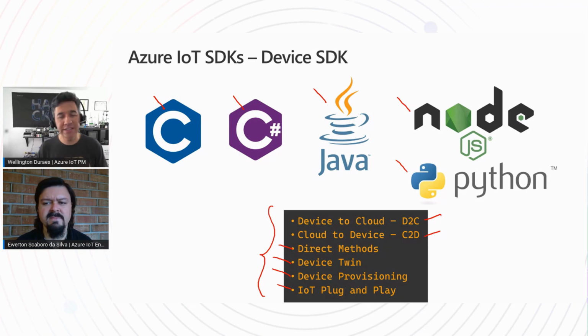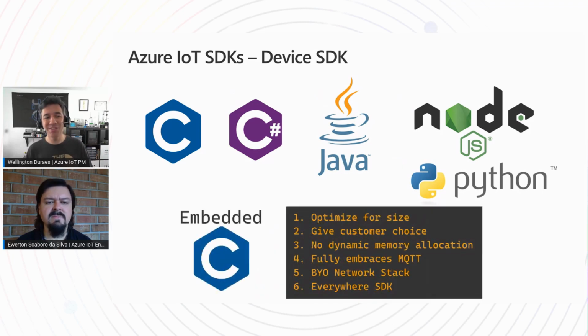All of them provide that. But the one piece missing in this family of SDKs was an SDK for tiny devices, MCU-based devices or constrained devices. And then the embedded C SDK comes into this picture.